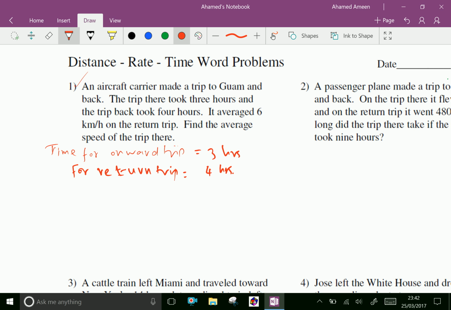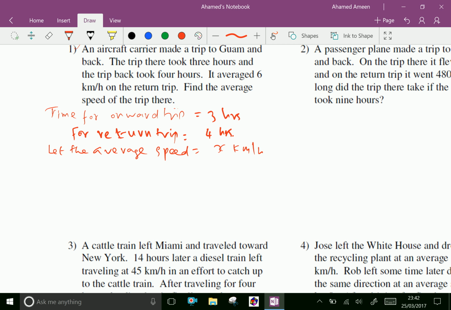Let the average speed equal x kilometer per hour. Return speed equal 6 km per hour.